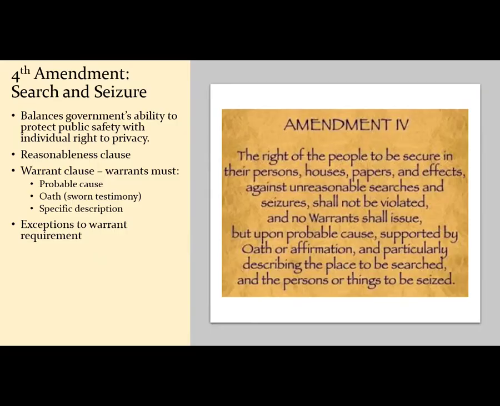That delay in seizure can present a risk of safety, loss of evidence, suspect getting away from the scene of a crime. So you don't always have to stop and go get a warrant, but you must have probable cause. So probable cause always must exist, even if there are some exceptions to actually going and getting a warrant.